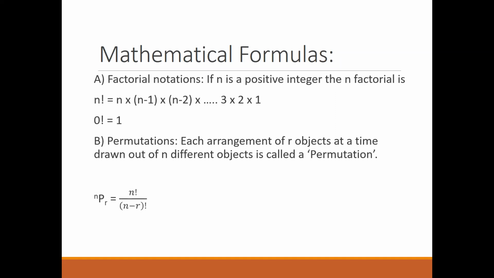And one more thing, if the value of r is also n, that is nPn, then it is equal to n factorial, because the denominator will be n minus n, that will give me 0, and 0 factorial is 1. So nPn will be n factorial. Make sense? Yes, sir.